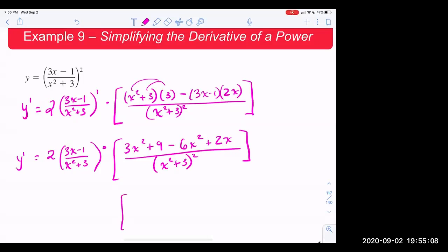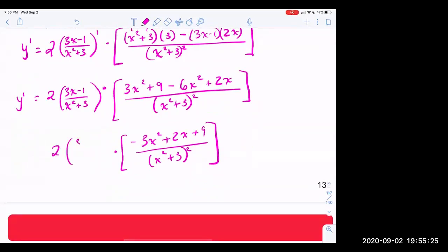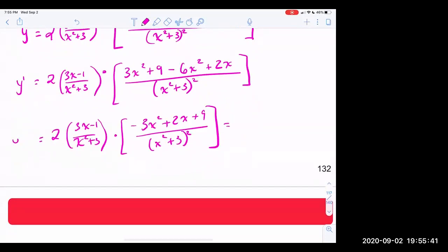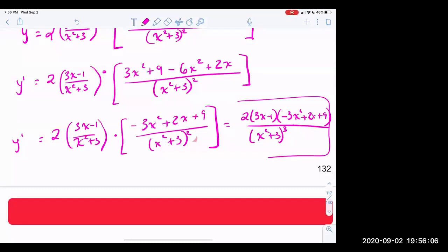So I have negative 3x squared plus 2x plus 9 all over x squared plus 3 squared times the 2 times 3x minus 1. And if I truly wanted to keep it as one term, I've got the same stuff on the bottom, right? So on the bottom, I'm just going to have x squared plus 3 cubed, right? And on the top, I'm going to have 2 times 3x minus 1 times negative 3x squared plus 2x plus 9. And that is your fully factored final answer.